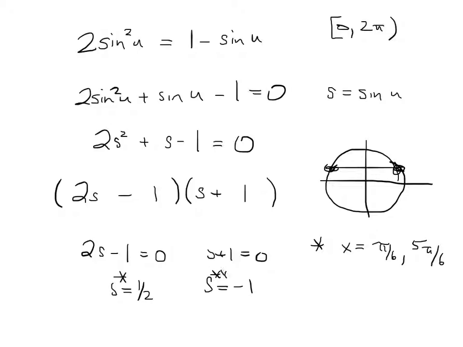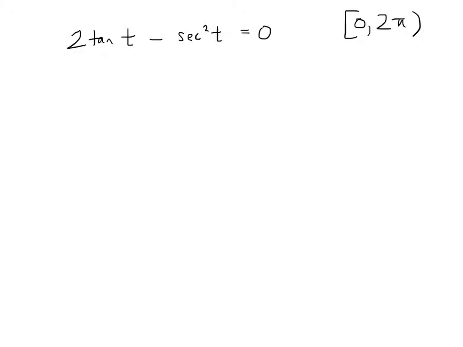And double star here corresponds to the y-coordinate equaling -1, which will produce x equal to 3 pi over 2. All right. Good enough.